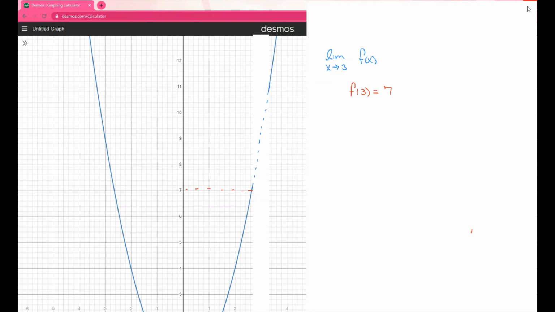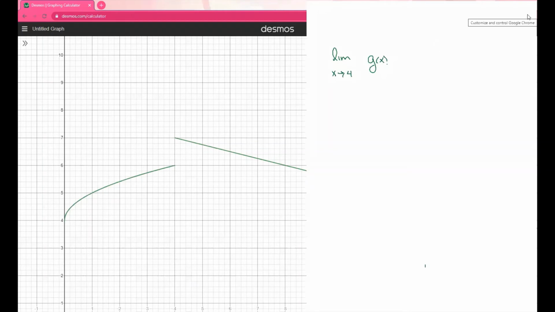At 3, it looks like it should equal 9. And so I would say the limit as x approaches 3 of f of x would equal 9. Even though we know the actual point is 7, it looks like it should equal 9. Therefore, the limit as x approaches 3 will be 9.